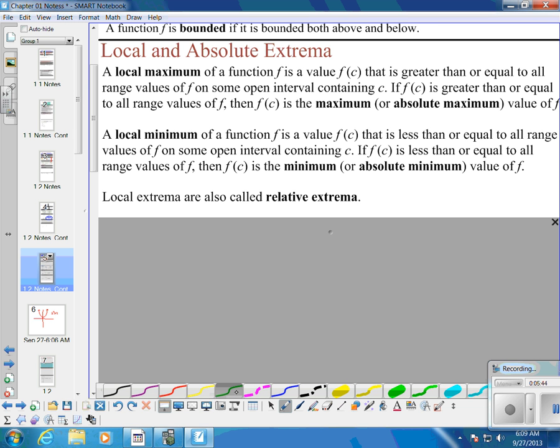The local maximum is when you go from increasing to decreasing in your graph, but it's not the highest point. If you go from increasing to decreasing and there are no other points above that, it's an absolute maximum.